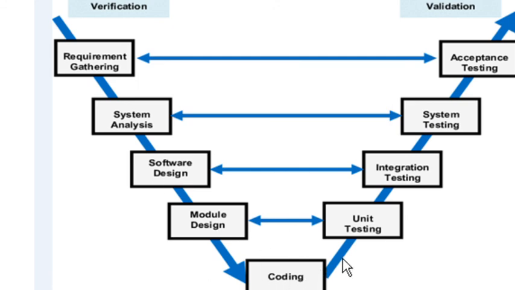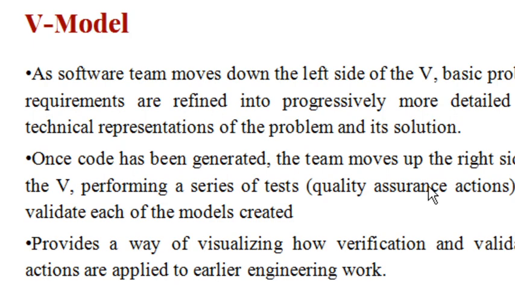After writing code, you could see on the right hand side we have the testing phases. Different types of testing are carried out to find out whether we have built the right product or not. Hence, this V model provides us with an opportunity to find out whether the software developed is of good quality or not. Thank you.